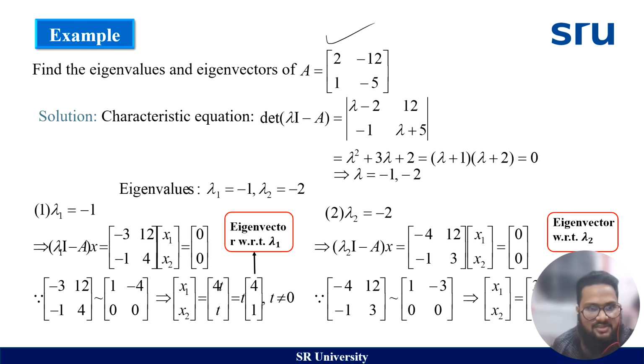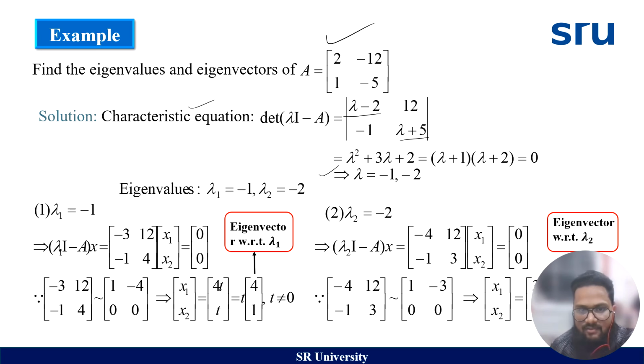I have discussed the characteristic equation formula: lambda I minus A, then take the determinant. You can also say A minus lambda I; there will be no change in the eigenvalues. Both are the same. In the diagonal you put lambda minus the entries, and then you calculate the determinant.